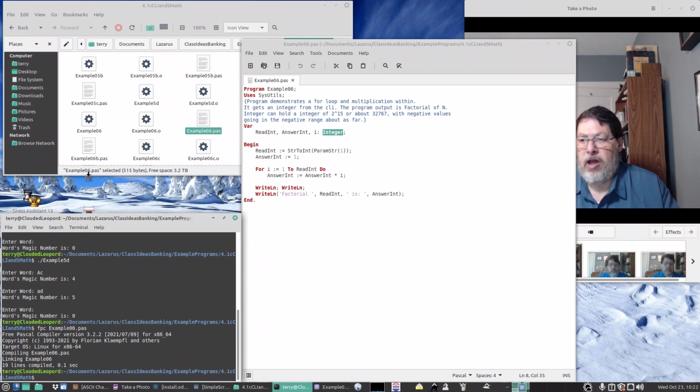When you start multiplying that many numbers together, even small numbers, it builds fairly quickly. And the largest factorial that you can have with just an integer type is 7, I believe.